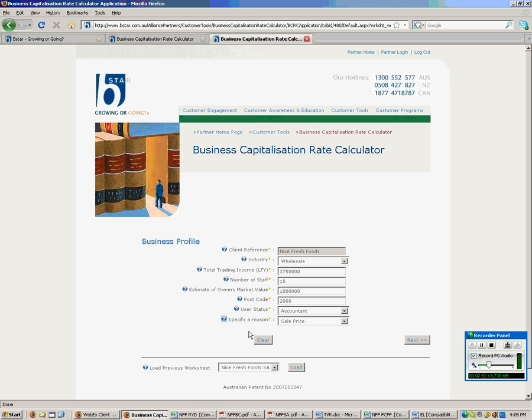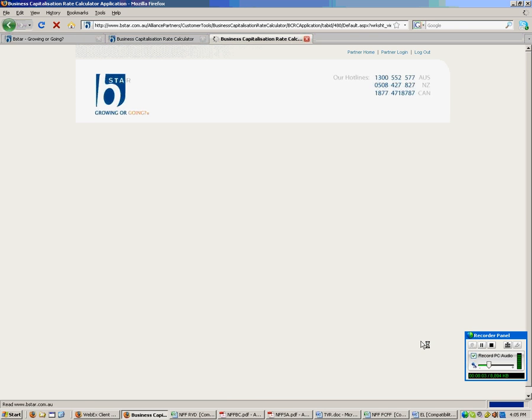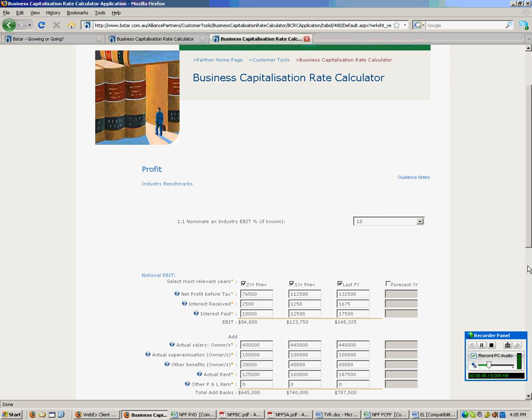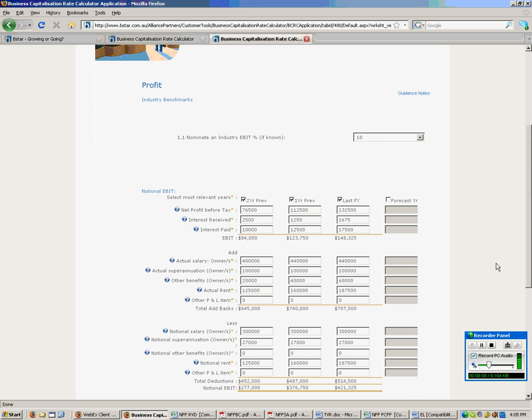Once all the business profile information has been entered, BStar Alliance partners then need to reconcile the accounting profit to the valuation profit. The profit reconciliation page is the second data entry page.